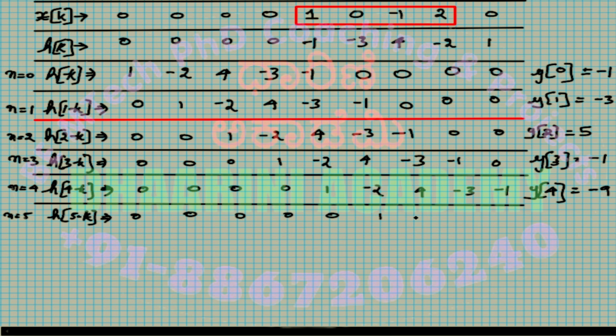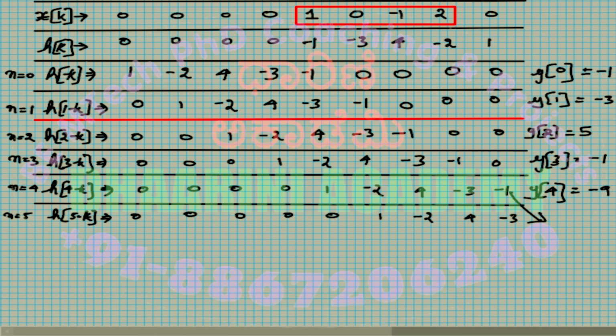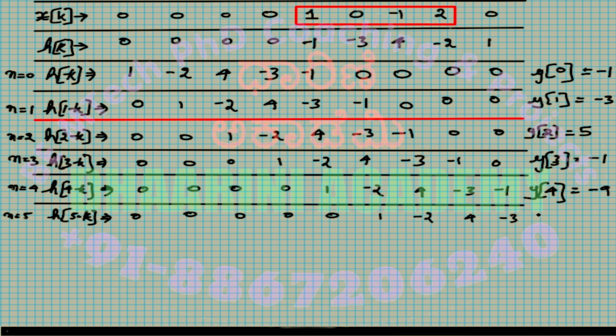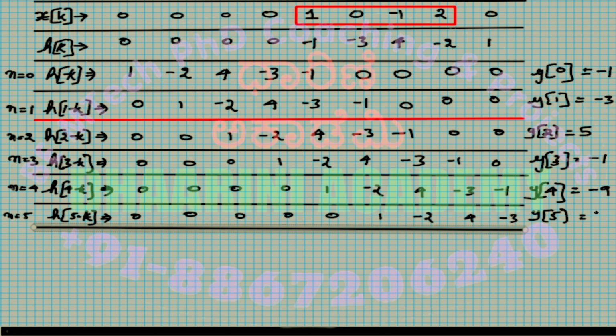This 1 comes here, minus 2 goes here, 4 comes here, and minus 3 goes here. So the minus 1 actually goes out, right? You don't have to worry because you are multiplying that with the 0 in this particular step. So what is y of 5? Okay, so this value comes to be equal to 10.